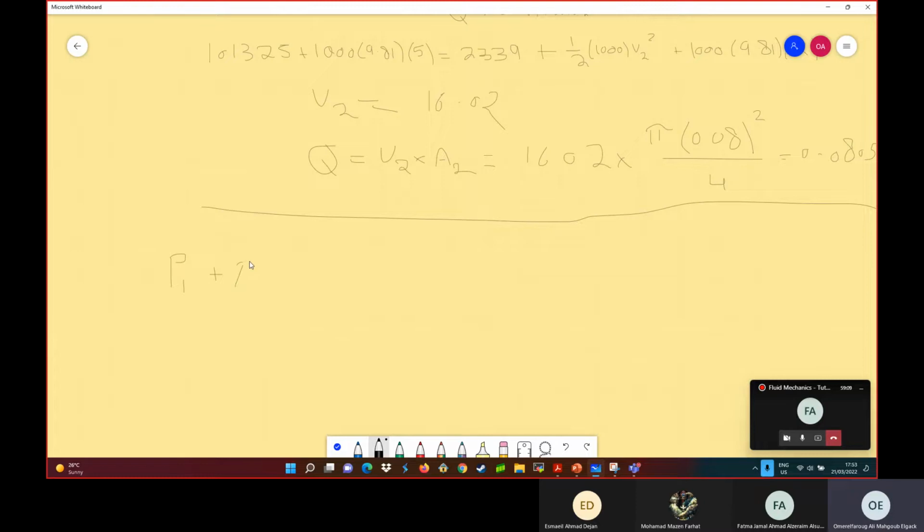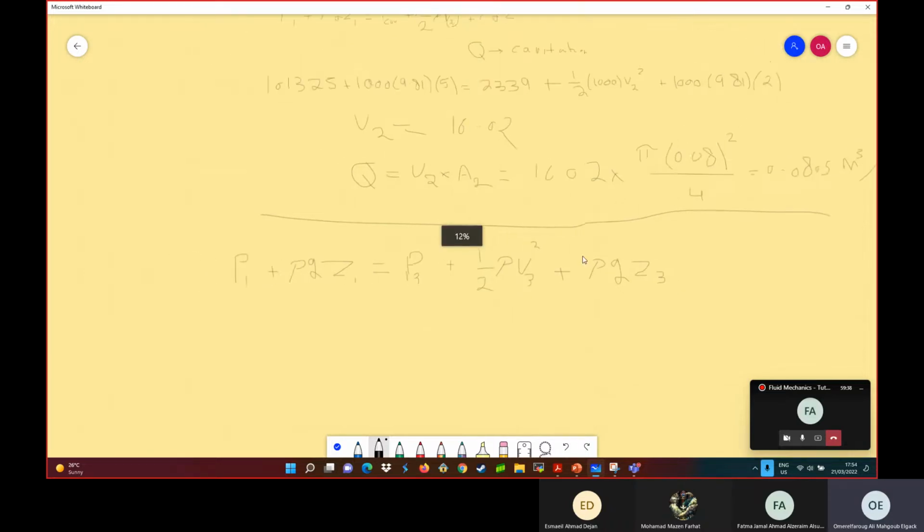P1 plus rho G Z1 is equal to P3 plus half rho V3 squared plus rho G Z3.